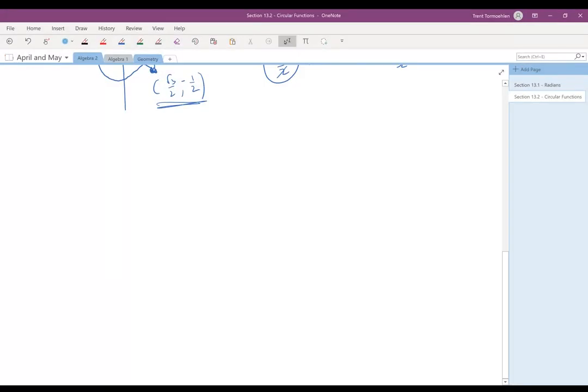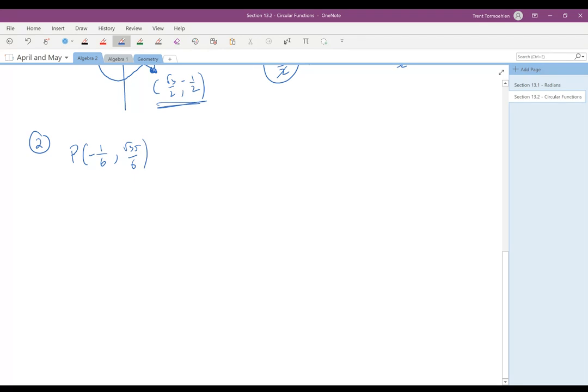The other problem I want you to be able to do is if you're given a point on the unit circle. So for example, let's say the point is negative 1/6 and root 35 over 6.